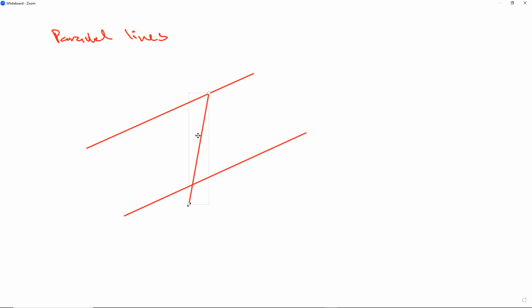All right. So I'm going to draw a line through here, and this is going to be point A. Well, let's just call this angle small a, B, C, D, E, F, G, and let's say H. And these two lines are parallel.